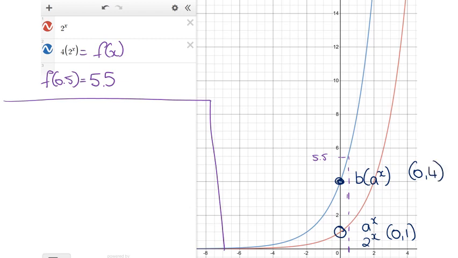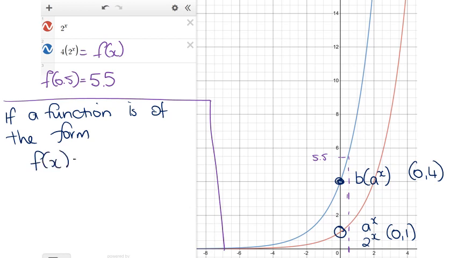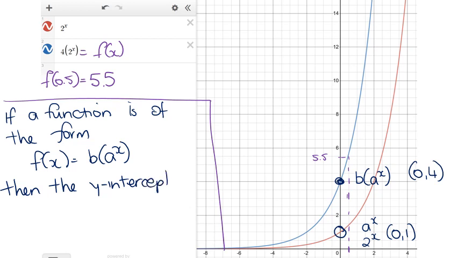Okay, so if ever you're looking at an exponential graph and you see that it doesn't cross over at (0, 1), the first thing you might check is, has it been multiplied? Has the magnitude been changed? So if we take a note of that now, if a function is of the form f of x equals b times a to the power of x, then the y-intercept is (0, b).